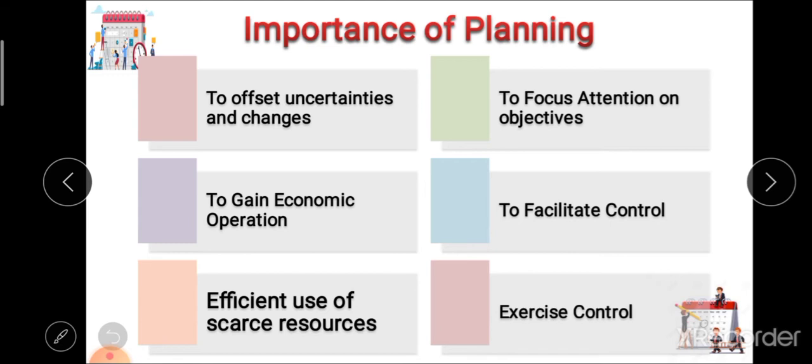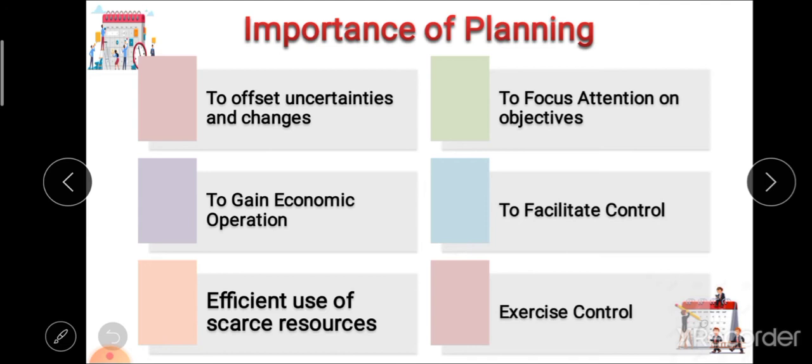Another importance is to focus attention on objectives. Planning is directed toward achieving the enterprise goal, so whatever we plan focuses on our specific objectives. Next is to gain economic operation.